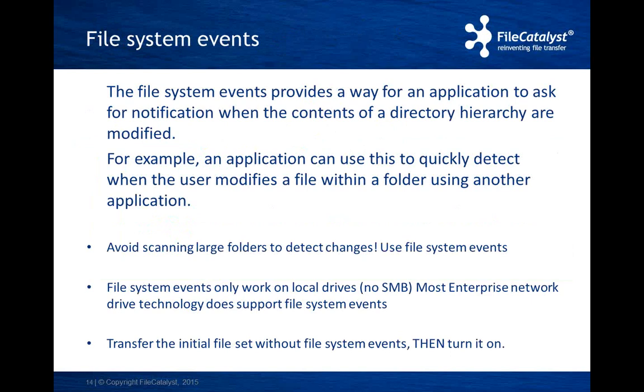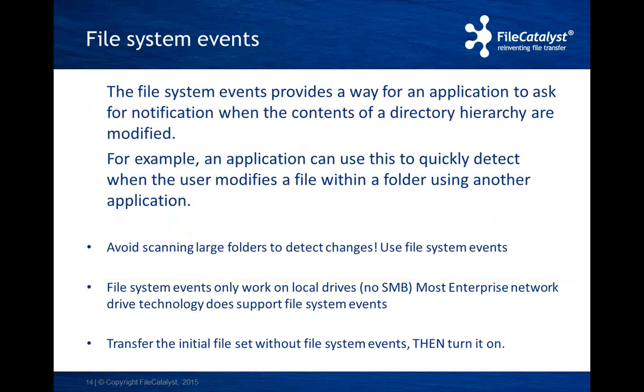The plus side here is that you can instantly react on folders with millions of files. If you're working with millions of files, scanning and deciding what to transfer can take a really long time, it might take 2-3 hours. With file system events, however, this is instant, because you're actually doing a transfer right away.